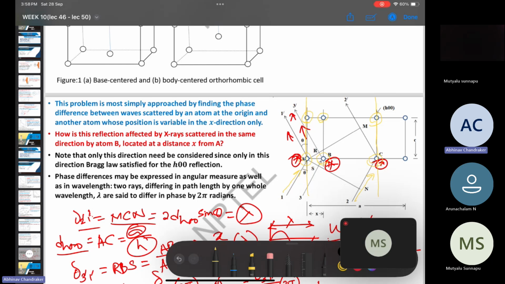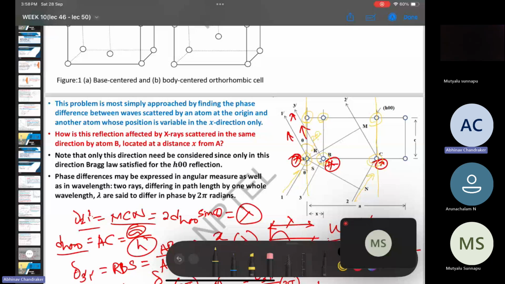then the angle at which diffraction will occur is this. Sorry, this is not 2 theta. Basically, the angle between the incident and diffracted beam will be 2 theta.